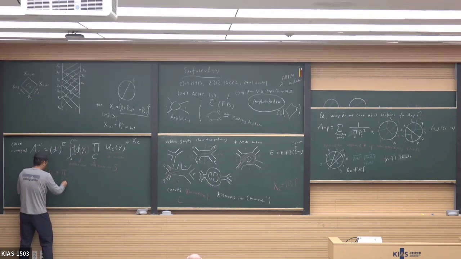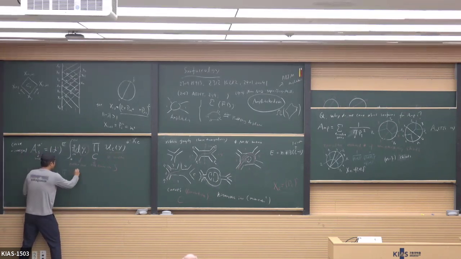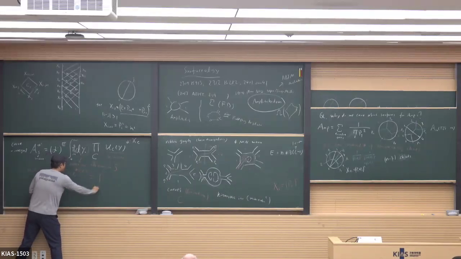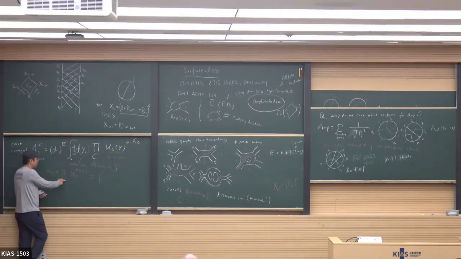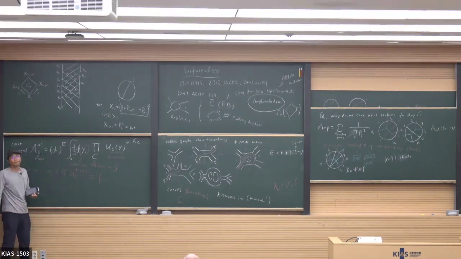I just want to give you the idea that the u equation satisfies this property that any u variable of any curve plus the product of all the curves that intersect with this curve, raised to the power of their intersection number, I mean, just how many times they intersect, equals 1. So this is the key. This is the key to everything.